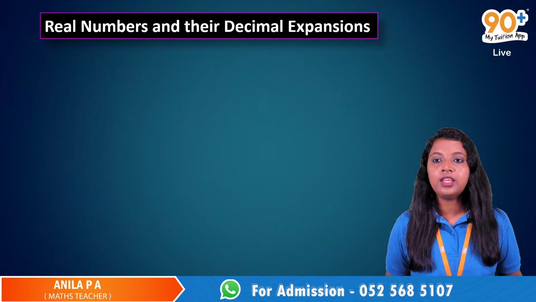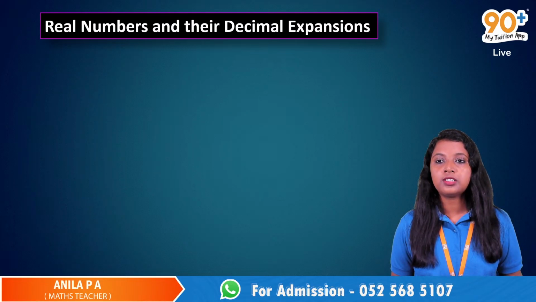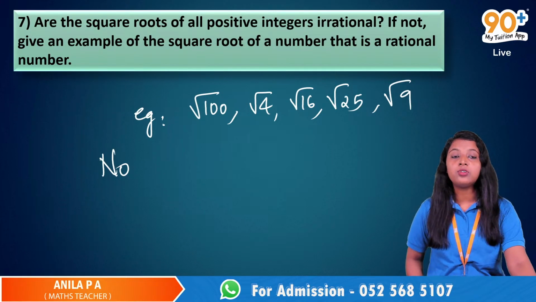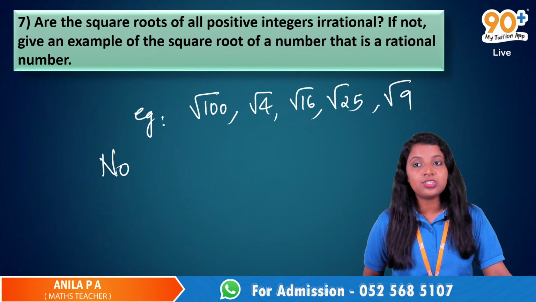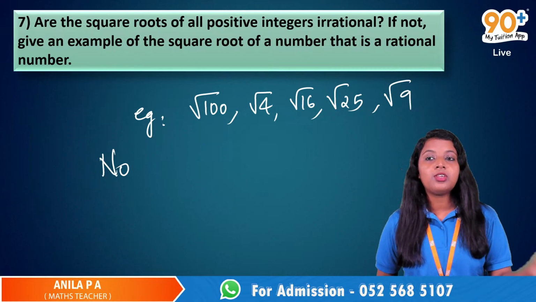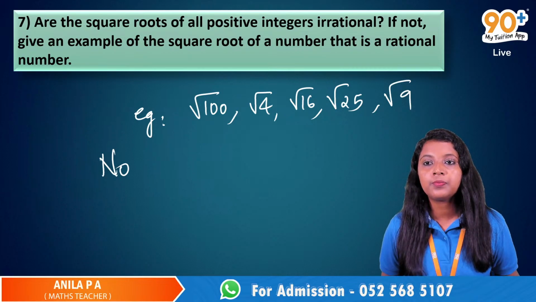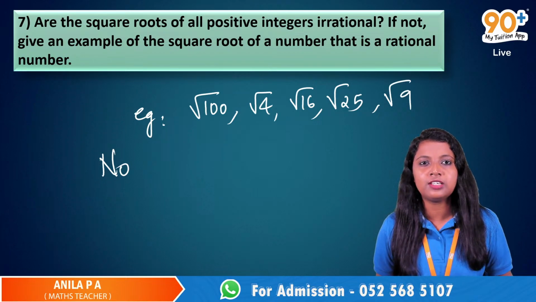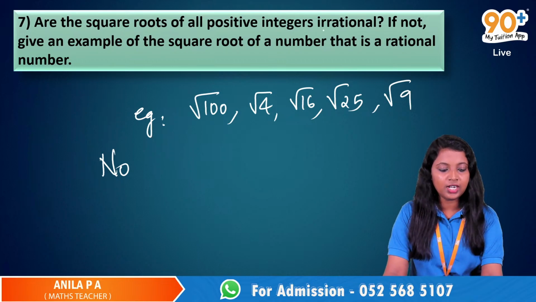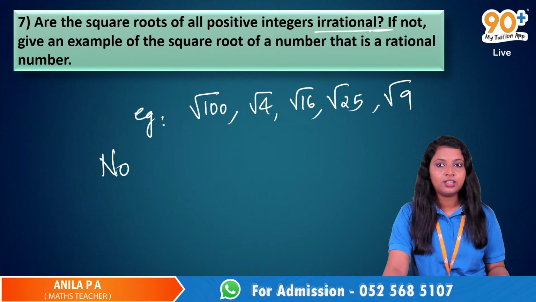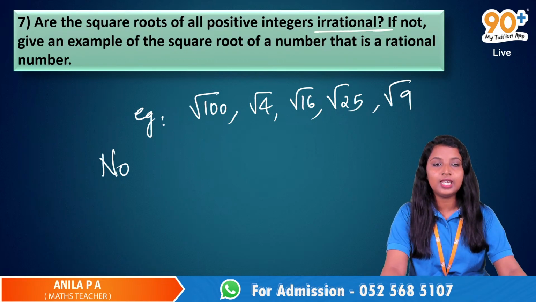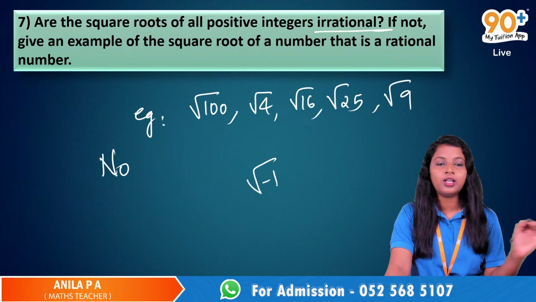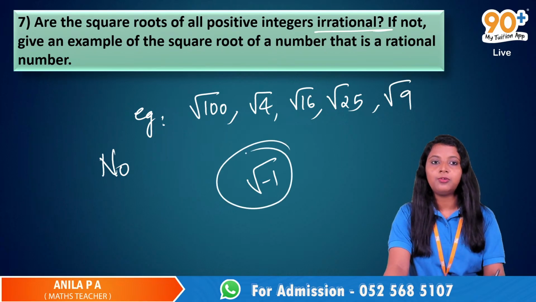That doesn't mean that all positive square roots are positive. I had confusion in that thing. See, the question is, are the square roots of all positive integers irrational? No, they are not irrational always. You don't have the square root of negative numbers. You don't have to learn this now. It is coming for the higher classes.